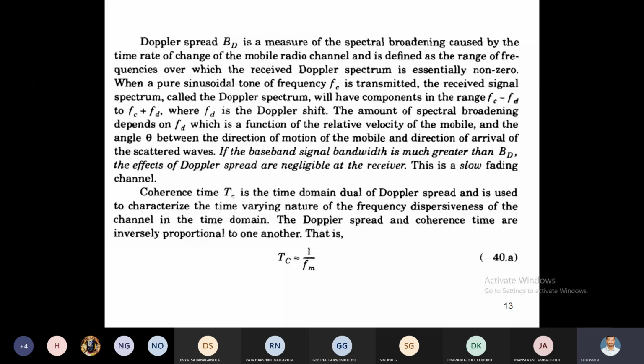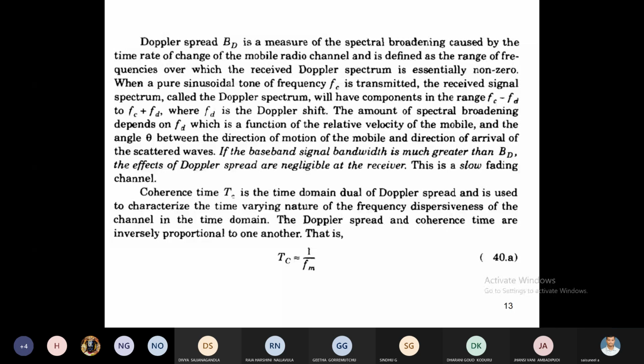Here FC plus FD is nothing but the mobile station moving towards the base station. FC minus FD is nothing but the mobile station moving away from the base station. That is the difference between them.